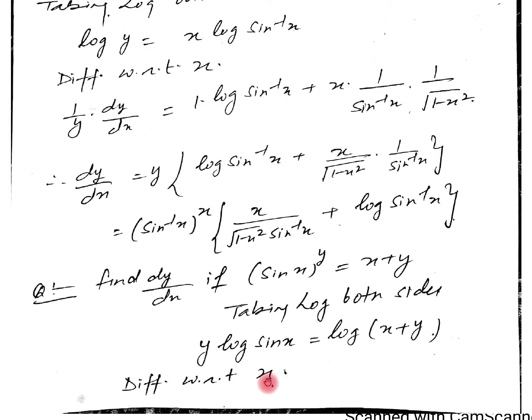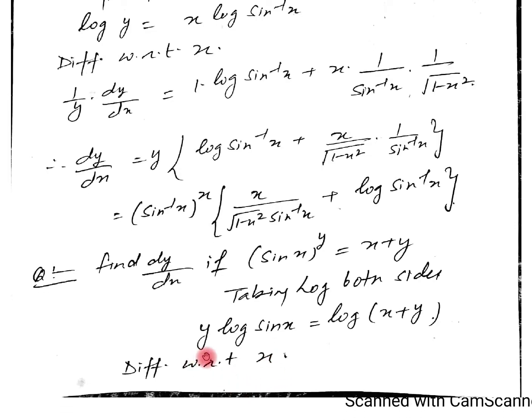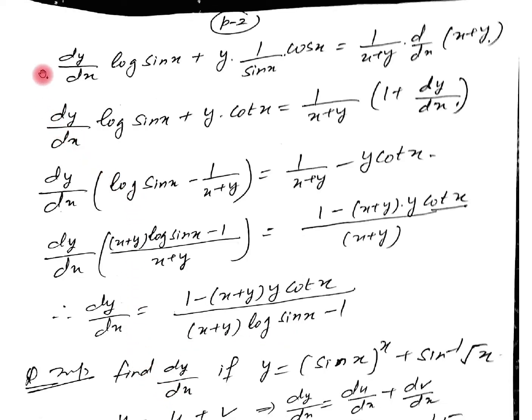Now again differentiating with respect to x, applying the product rule on the left hand side. Now we get the derivative of the first function, dy by dx, second function as it is. Then first function as it is, the derivative of log sine x, which means 1 by sine x into the derivative of sine x, which is cos x.